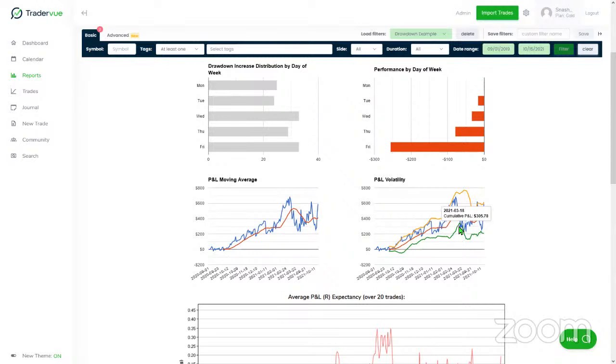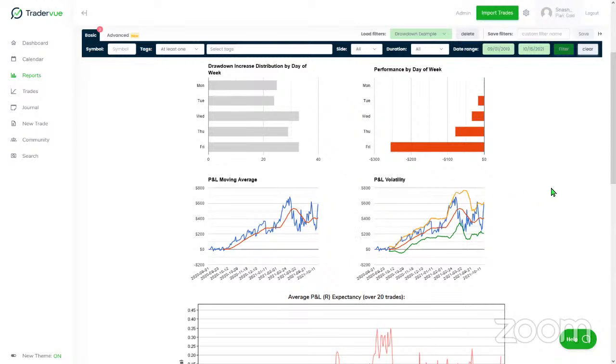Maybe stop trading for a while, maybe decrease size, maybe just stick to your niche, or your most valuable, most profitable setup. That's a moment when you want to take two steps back and reevaluate everything you're doing when it comes to your trading. And that is the reason why I wanted to go here to the P&L volatility.